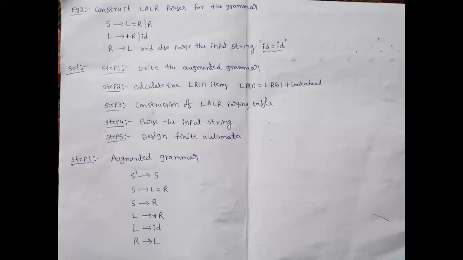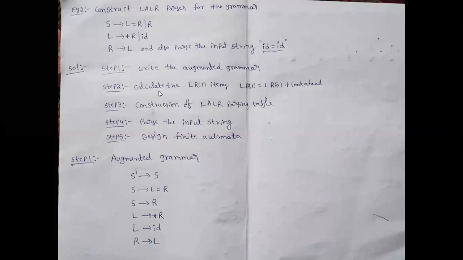The given grammar is taken, and for its start symbol we add one more production to that grammar, which is called the augmented grammar. In this example, what is the starting symbol? It is capital S. So we write S dash produces capital S. That is the added production, and the grammar becomes the augmented grammar. So here we write the augmented grammar.